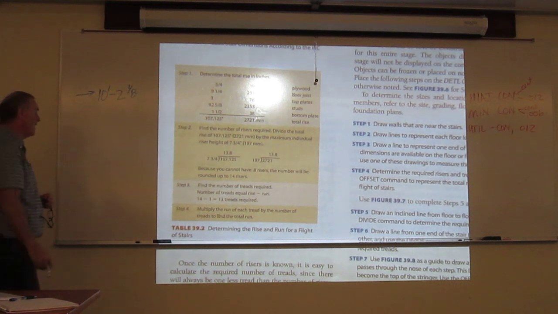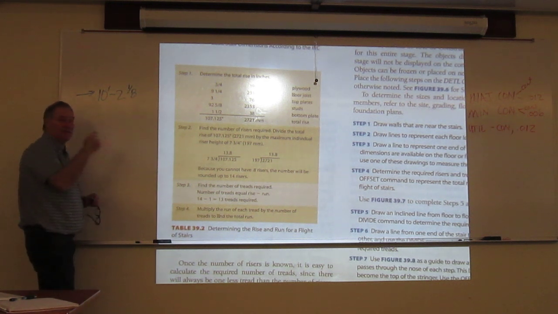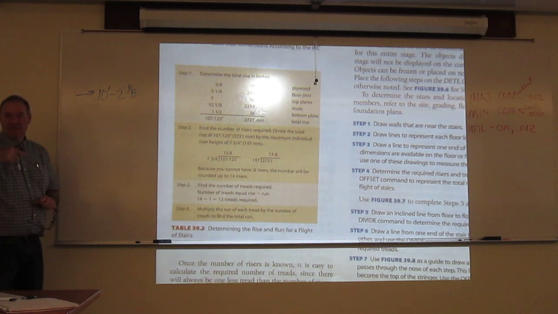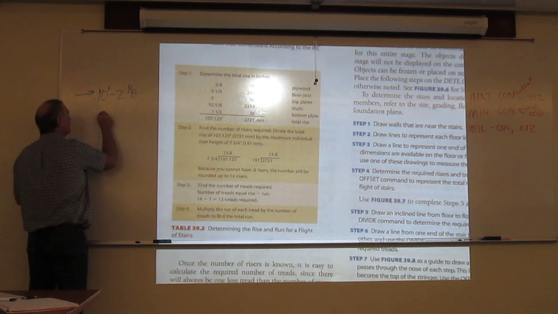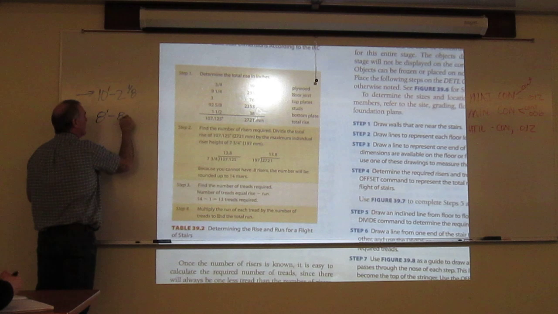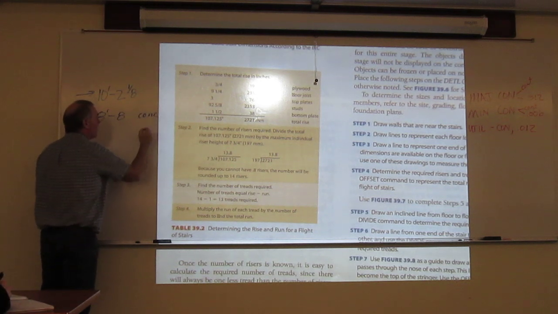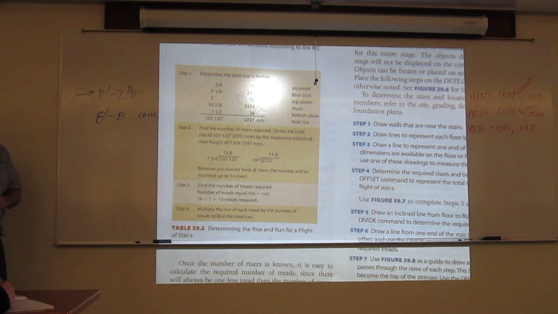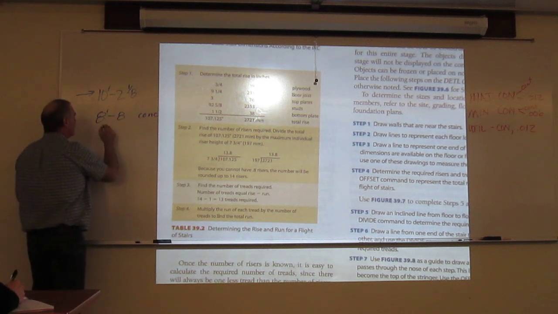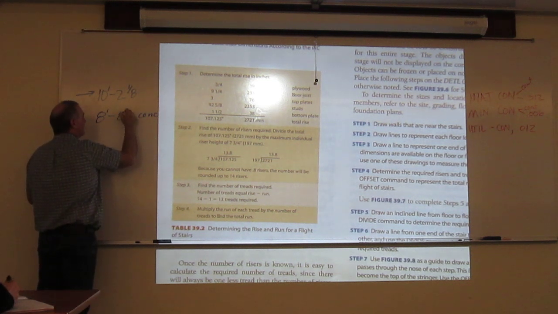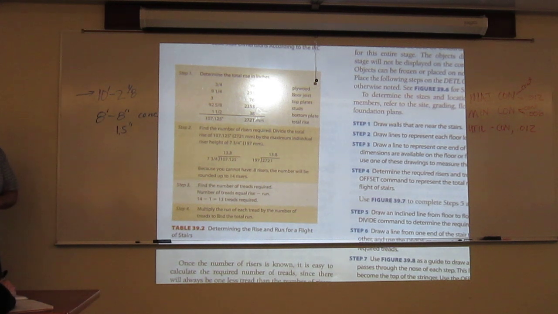Okay, well, let's add it up. How far are concrete walls? 9 foot minus 4 inches for the floor, right? So it is 8 foot 8. That's my concrete wall, from the basement floor to the top of the concrete wall. Then we have our sill plate, which is 1.5 inches. That's that 2x8 that sits on top of the concrete wall.